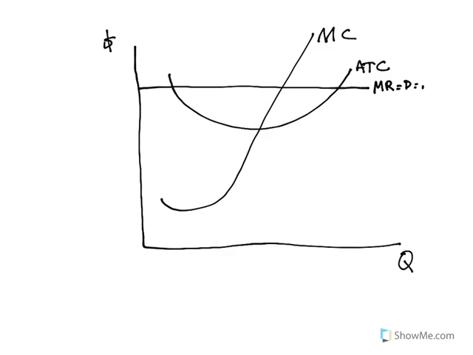Let's just make it Mr. DARP while we're at it. Once you've drawn your curves, the first step is to find your profit maximizing quantity. That's always going to be where marginal cost intersects your marginal revenue curve. That's the quantity where those two values are equal to each other.